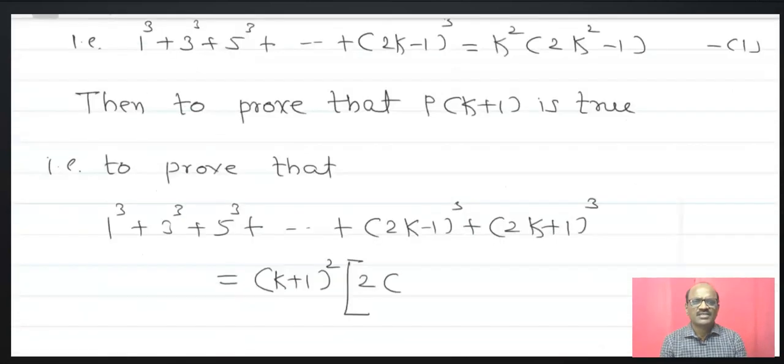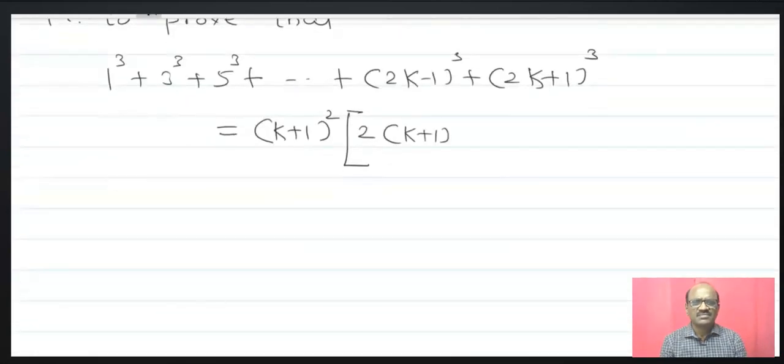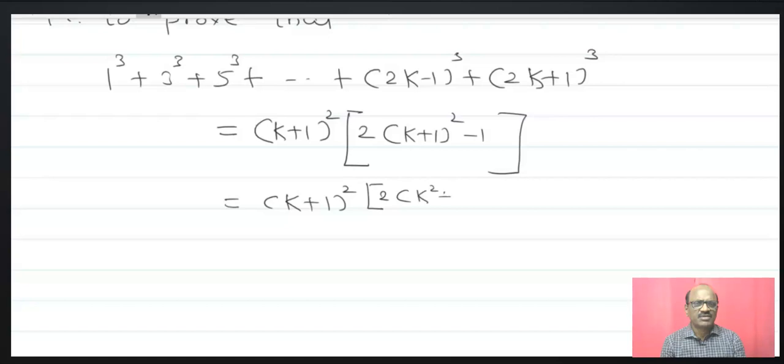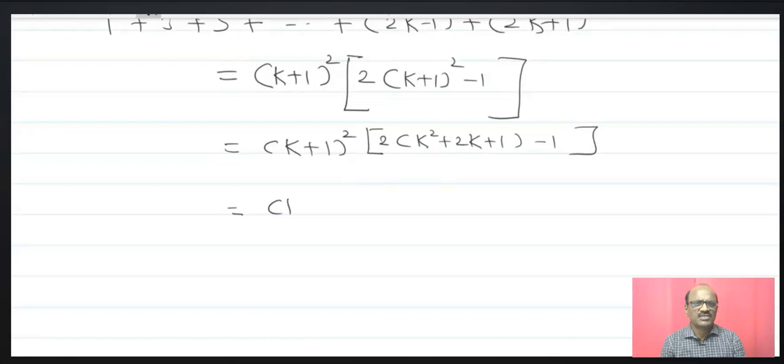And on the right hand side, only replacement is there. That is, the k is replaced by k plus 1. That is k plus 1 bracket square, in bracket 2 in bracket k plus 1 bracket square means what? k square plus 2k plus 1 minus 1.